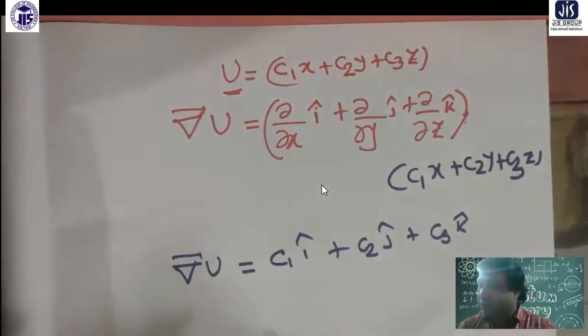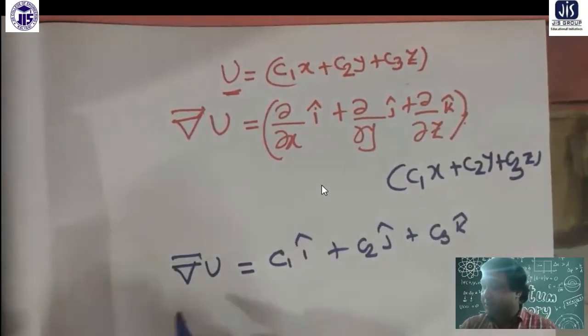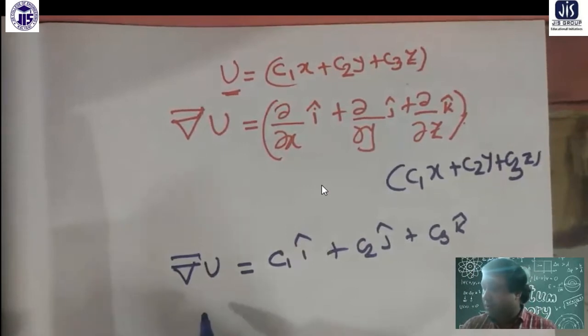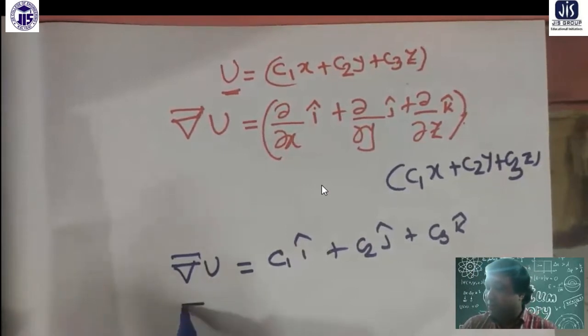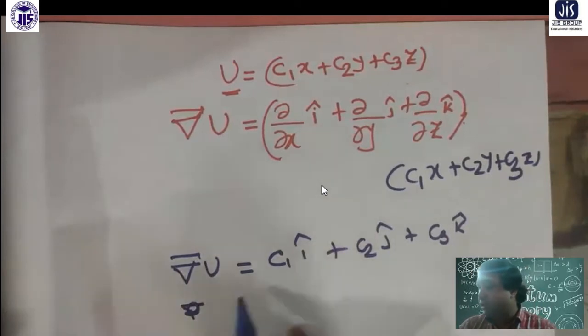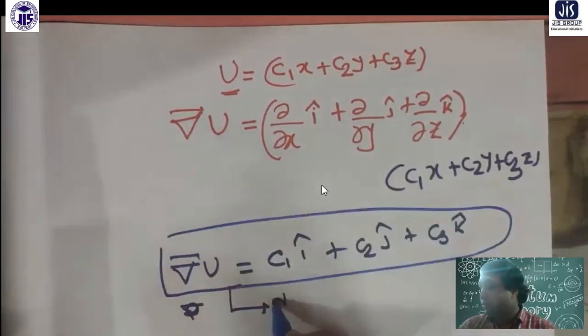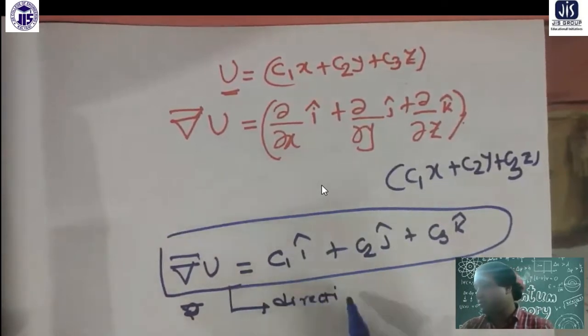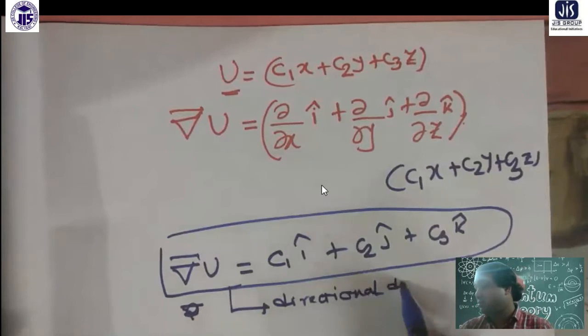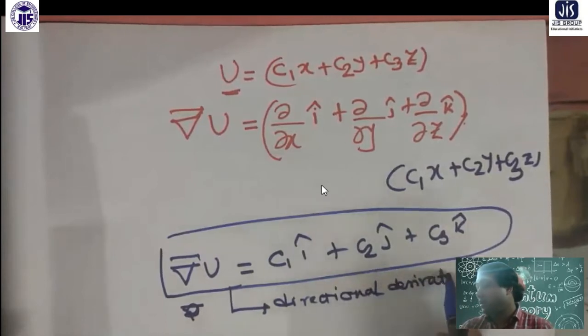Now here comes the concept of directional derivative. This is the gradient of the function u, and now I can take the directional derivative of the function. How do I take it?